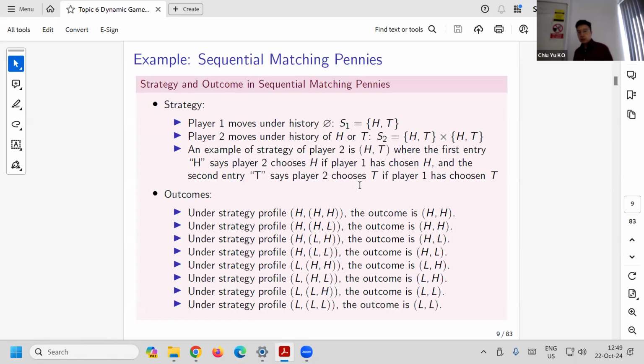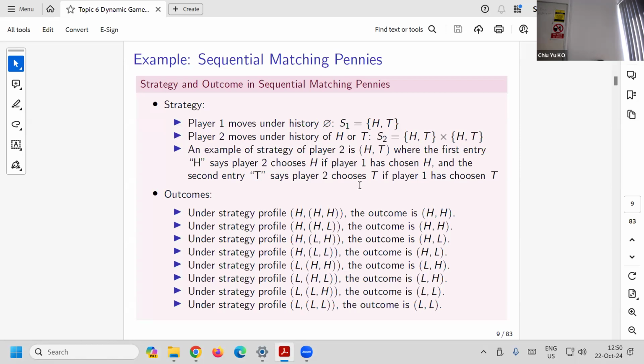So what is a strategy in this particular case? As I said, player 1 under the null history only chooses head or tail. But player 2 has to specify all the actions he can take for all histories. The histories where he can take action are head and tail being chosen by player 1, right?